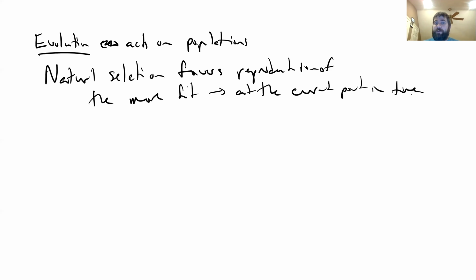That is, it's relative to the population, right? It favors the more fit within the population. There is no absolute sense of fitness. Everything is relative, right?